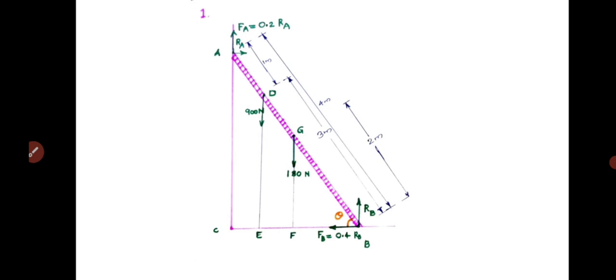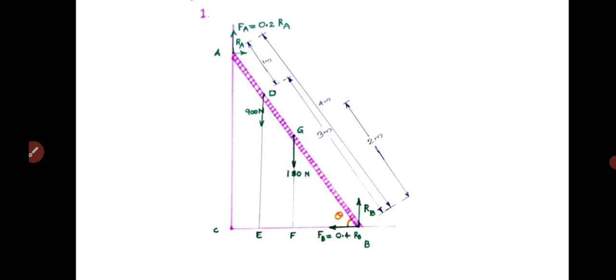So cos theta will be BE divided by 3, or BE will be equal to 3 cos theta. The weight of the ladder is acting through point G, vertically downwards. So it is 180 Newton acting vertically downwards.